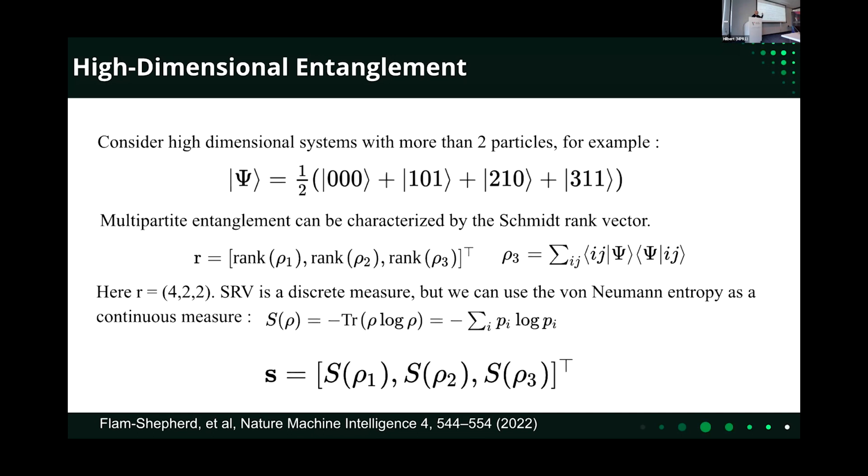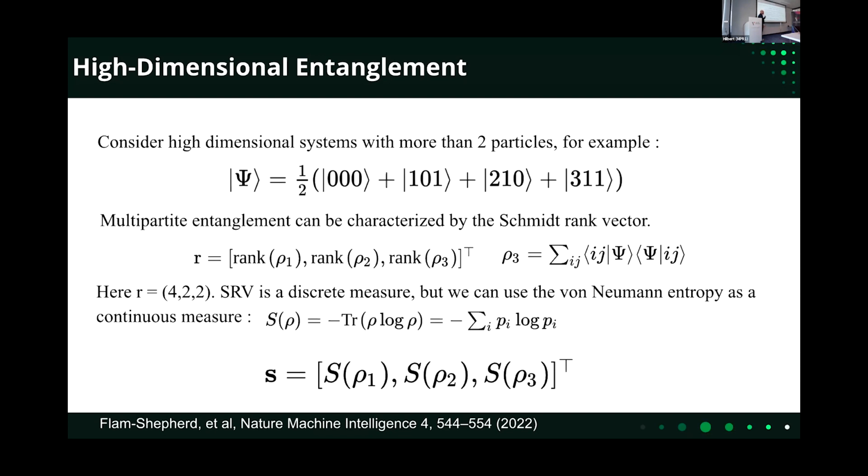There are stronger correlations than classical correlations in this highly entangled state. You can always characterize it by what is called the Schmidt rank vector, which is basically the rank of all the partial density matrices of these photons.